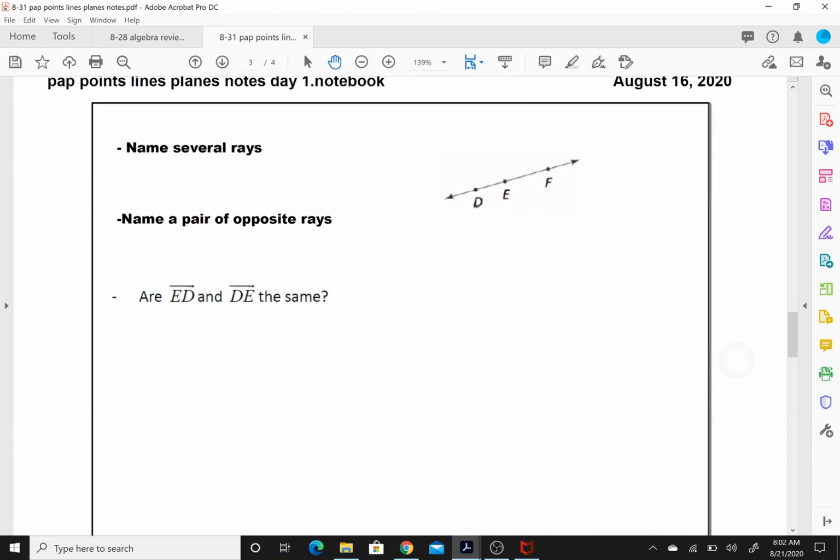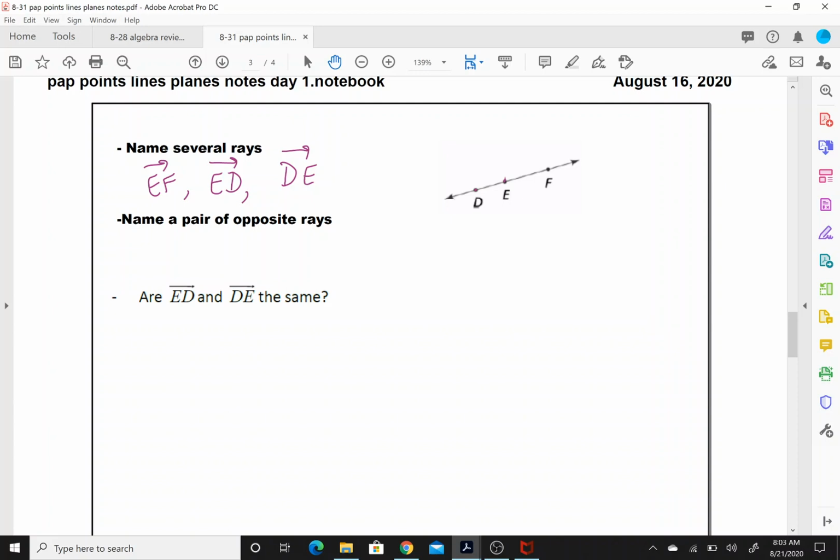So let's do some examples. We have this picture here and it says to name several rays. Okay, let's start with the first one. We'll start here in the middle, E. If I go from E, I can go to the right and get ray EF. Or I could go to the left and get ray ED. Also, I could start over here at point D. And I could have ray DE. Now, ray DF is the same ray because it's starting at D and it's going in that same direction.